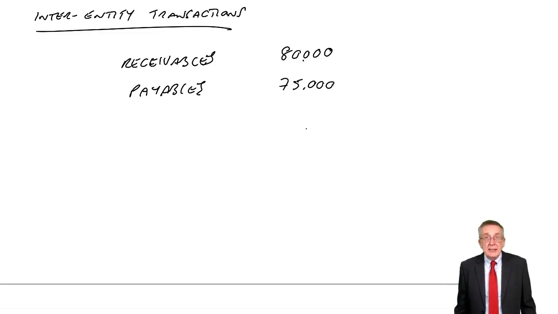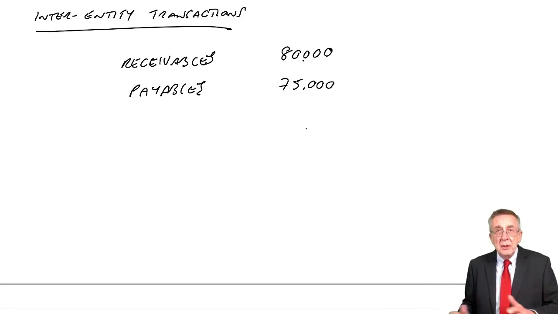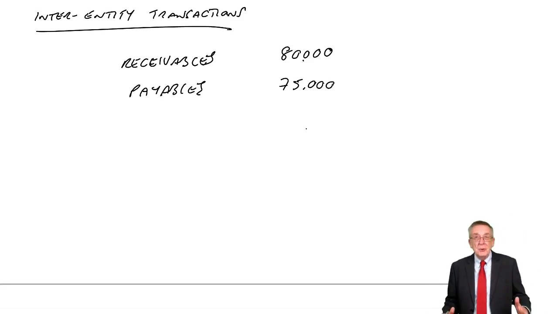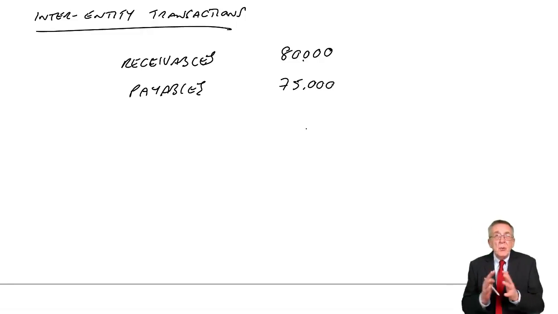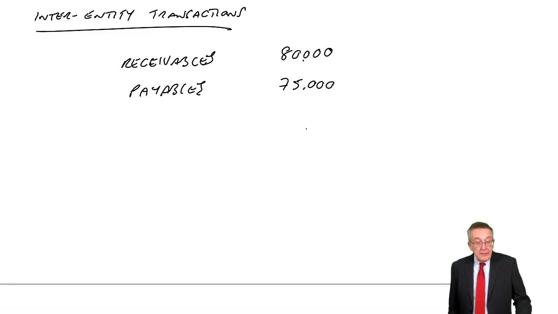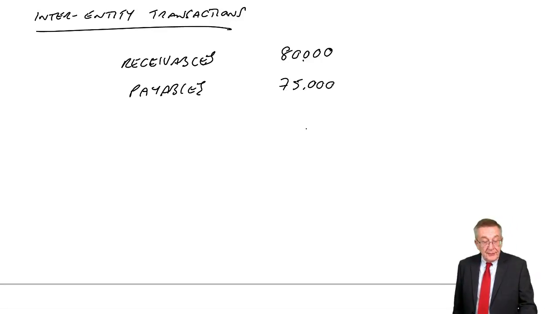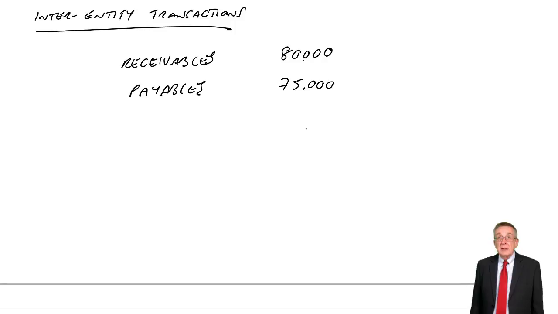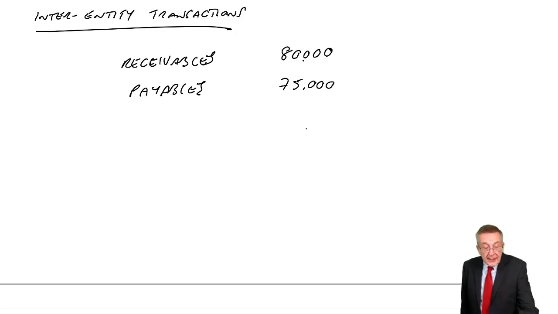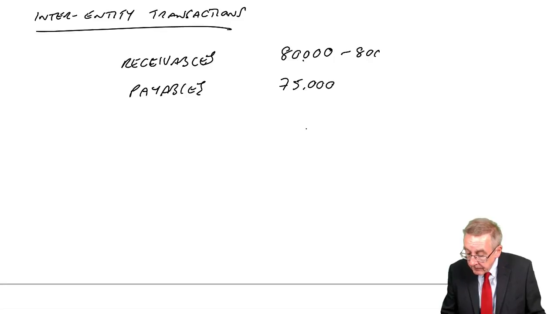Well, on the consolidated statement, we only want to show the amounts owing to and from outside the group. We don't want to show amounts owing within the group. And so receivables, that 80, because P's receivables include 8,000 from S, we want to remove it.